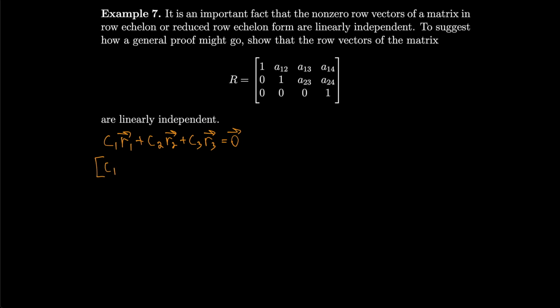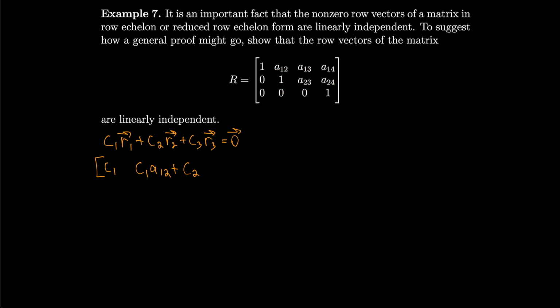C1 for our first entry, C1 times A12 plus C2, because notice just taking C1 times row 1 gives me C1, C1 times this, C1 times this, C1 times this. But then I have C2 being multiplied by this row.